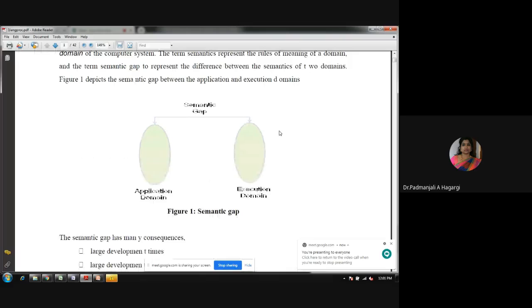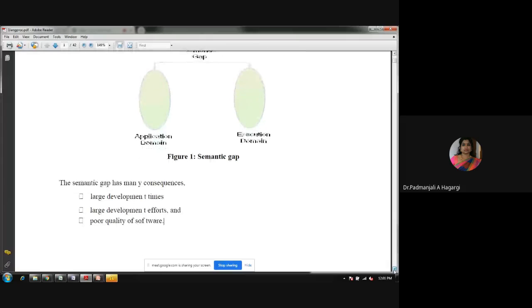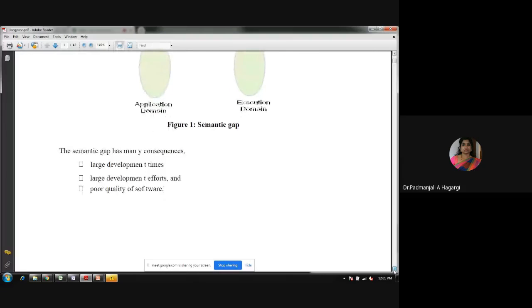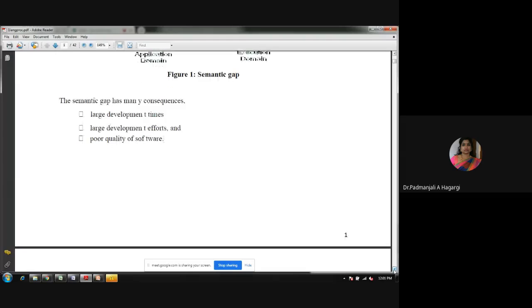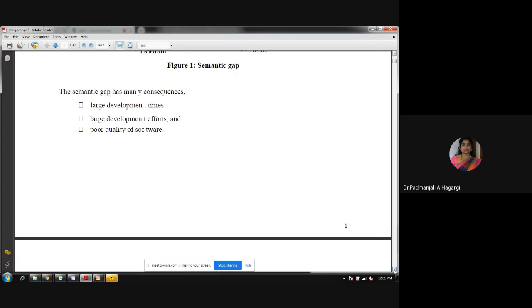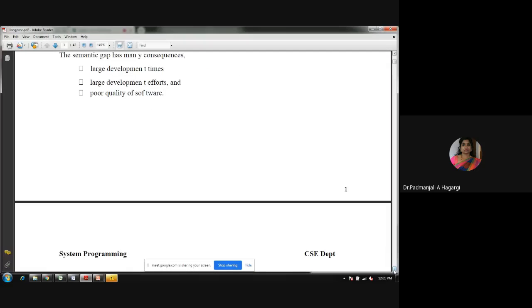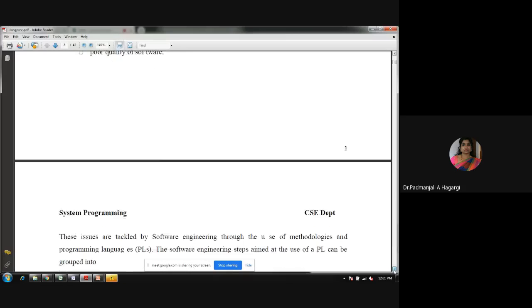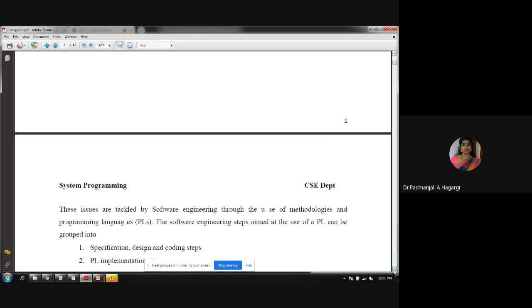Just see the beginning. Some students asked me to show the PDF file, and I am very happy to share the PDF file also. So this is your syllabus. Semantic gap has many consequences: large development effort, long times, and poor quality. And I have told you that system software is broadly divided into two classifications, application domain and system software.